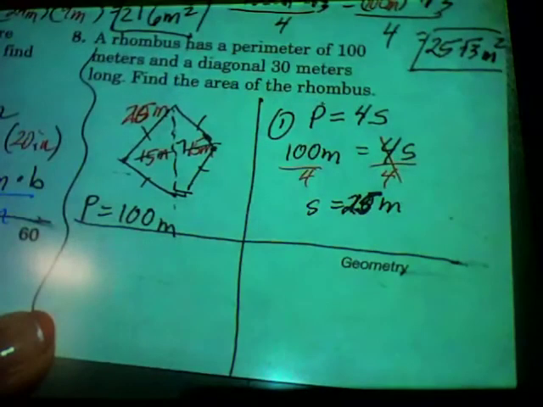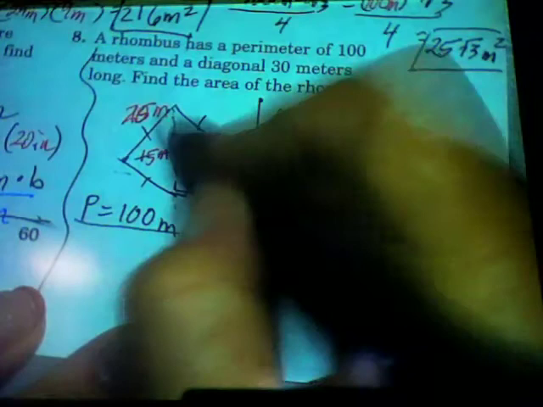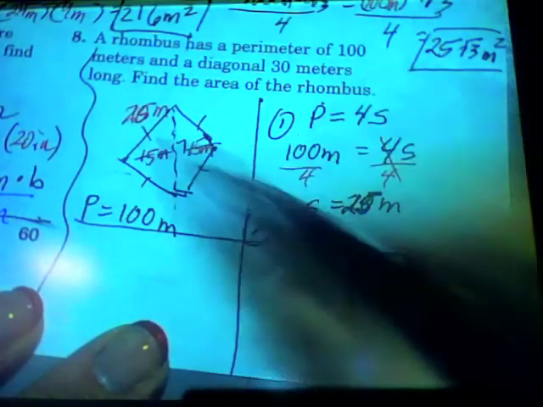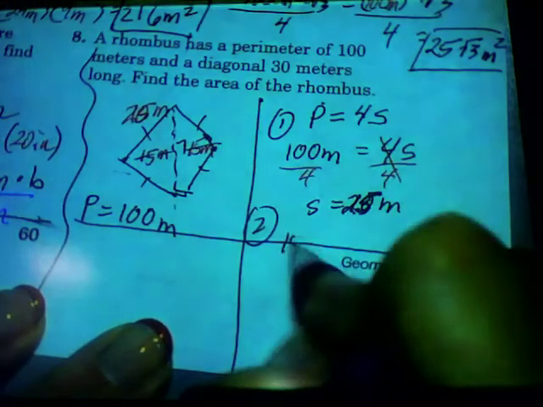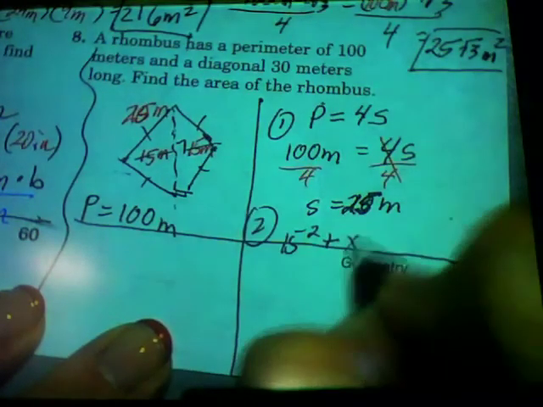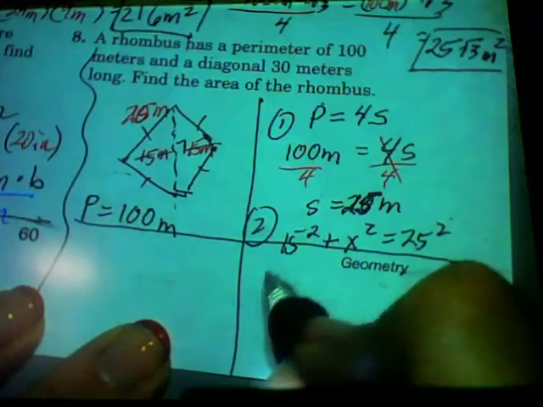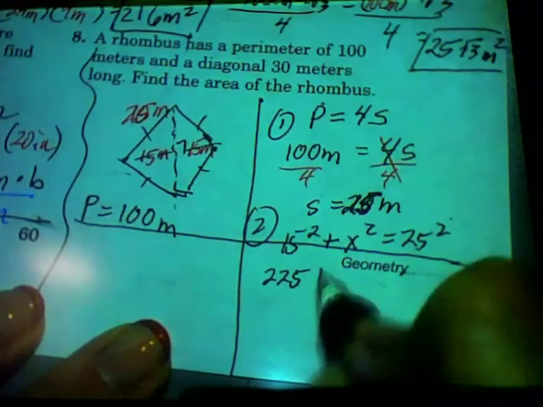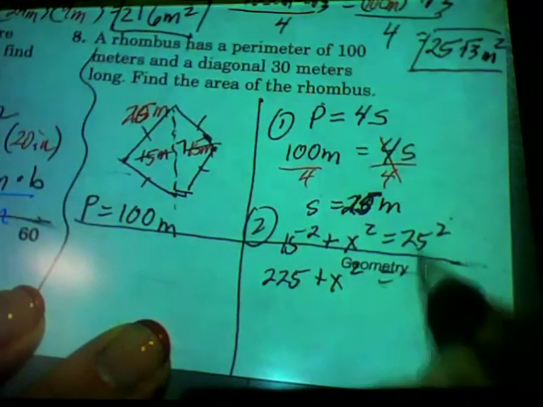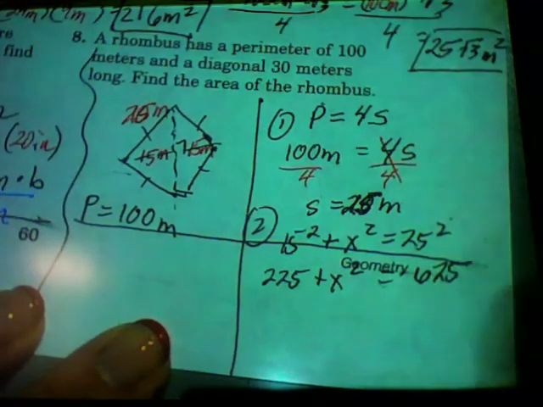Pythagorean theorem. So step 2. Now, remember, this is your right angle, so 25 is across from my 90, so it's my hypotenuse. So I have 15 squared plus, we'll call that x squared, equals 25 squared. So 225 plus x squared equals, remember what 25 squared is? 625.